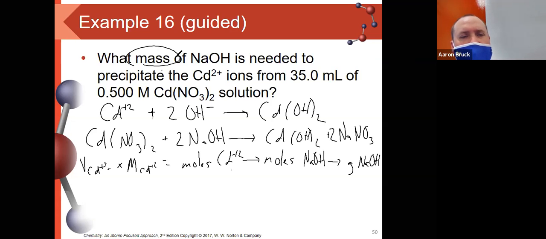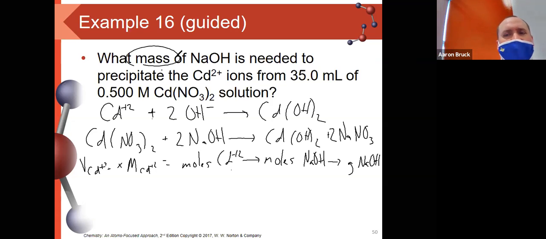Now, from a stoichiometry, from a dimensional analysis perspective, there are a couple of ways that we can go about this. And again, it kind of comes into your level of comfort with dimensional analysis. Me, I like to put everything in dimensional analysis if I can, because that means that I can do all of the calculations in one blur.